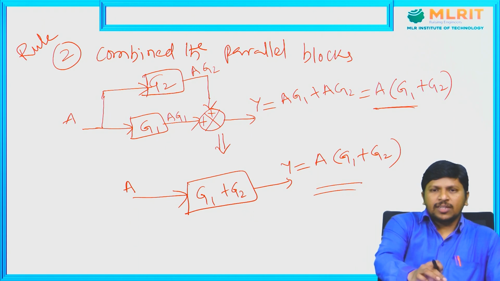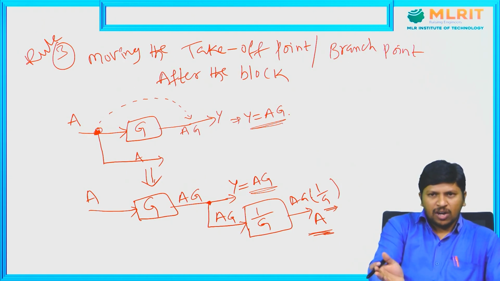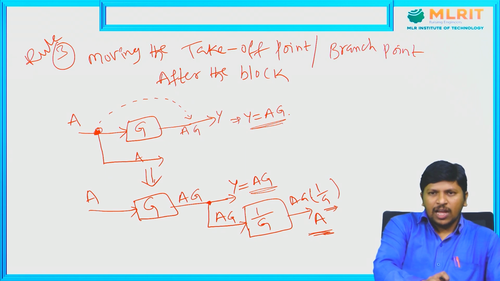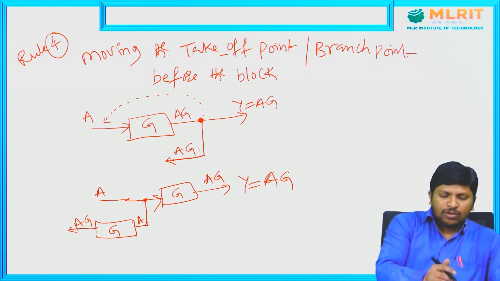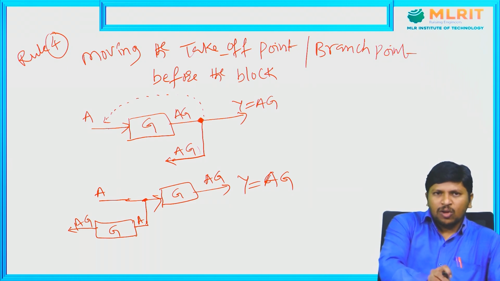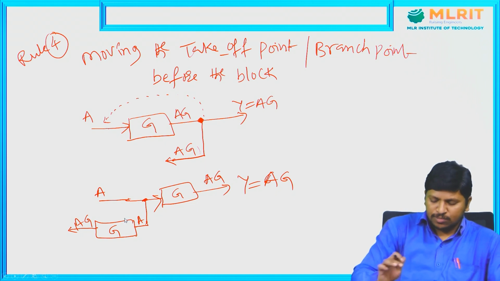If the 2 blocks are in parallel, we just add. If the take-off point is moving after the block, the value in the block goes in the take-off point as a denominator, right? If moving the take-off point before the block, the value in the block is written directly the same in the take-off point.